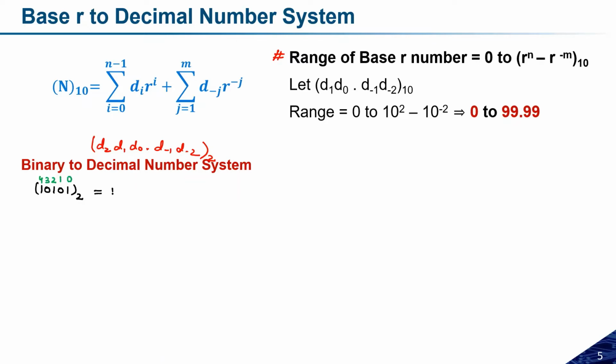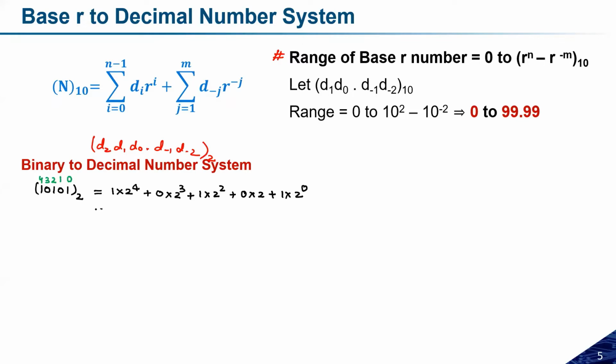So what I have to do, 1 into 2 to the power 4 plus 0 into 2 to the power 3. Why am I considering 2 here? This is because it is the base to the power position. The base of this information is the binary number system, that is why I'm considering 2 here. So 1 into 2 to the power 4 and so on. Then if we extend this analysis, it could be 1 into 2 to the power 2 plus 0 into 2 plus 1 into 2 to the power 0.